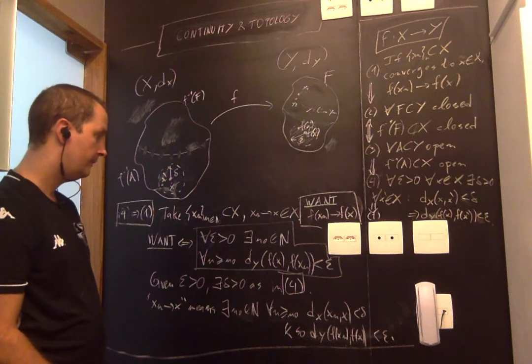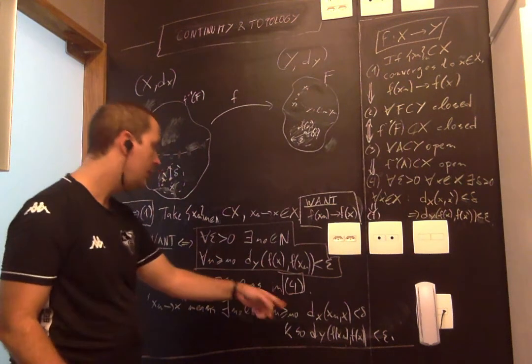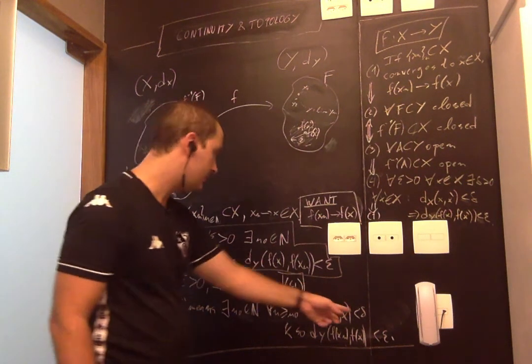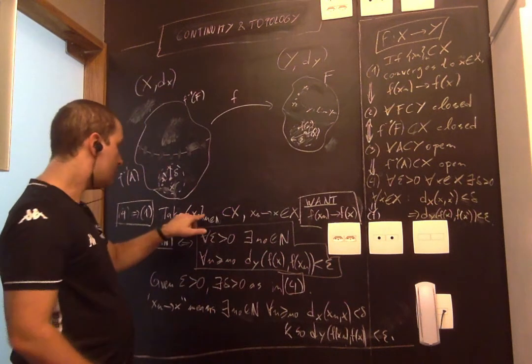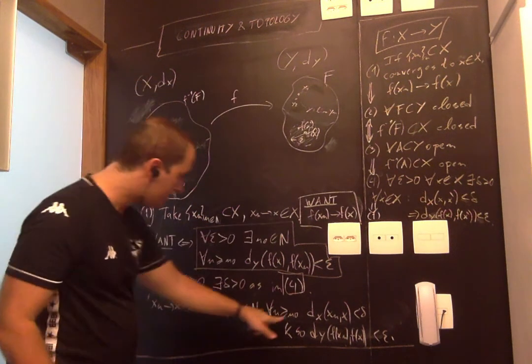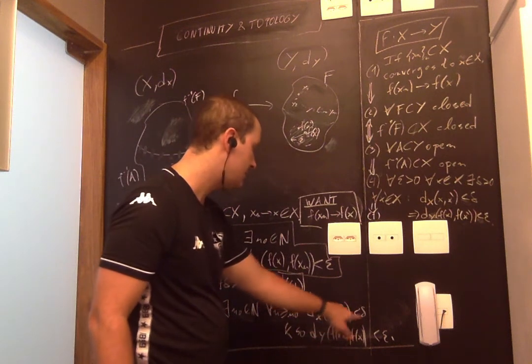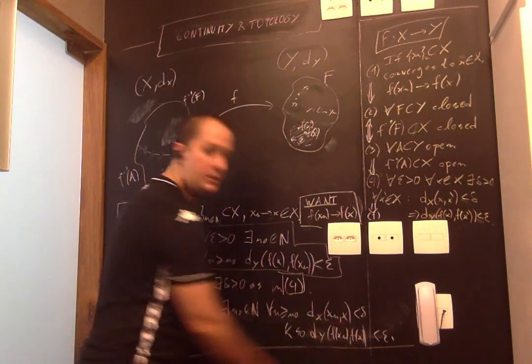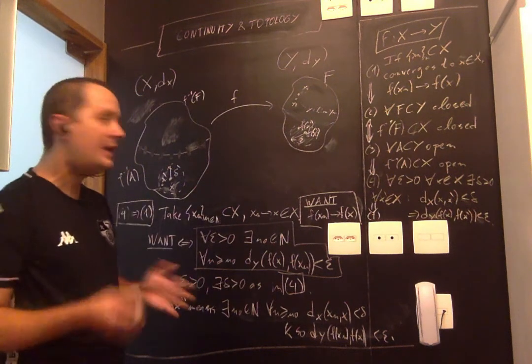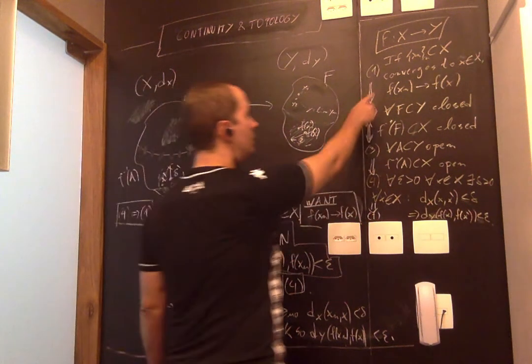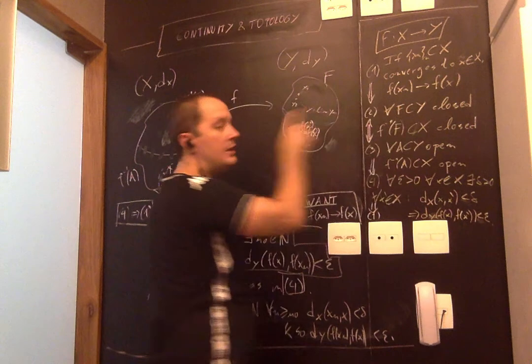Again, by assuming 4, you know there is a delta for each epsilon. By assuming that x sub n converges to x, you know there is an n naught such that for all n greater than n naught, the distance of x sub n to x is less than delta, and then you're done. So now we know that 4 implies 1, so these things are all equivalent.